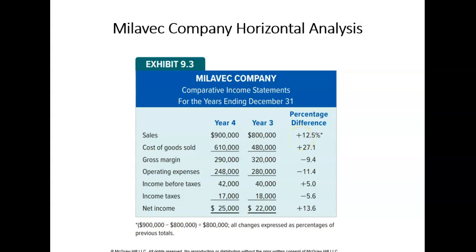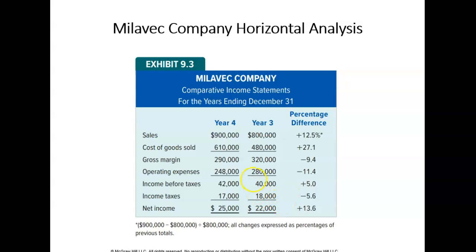And we're saying, wow, that's good. But your cost of goods sold, which is an expense, increased by 27.1%, which overall gave us a decrease in gross margin of 9.4%. Okay? Now, what helped us was our operating expenses decreased by 11.4%, which gave us an increase in income before income taxes of 5%.